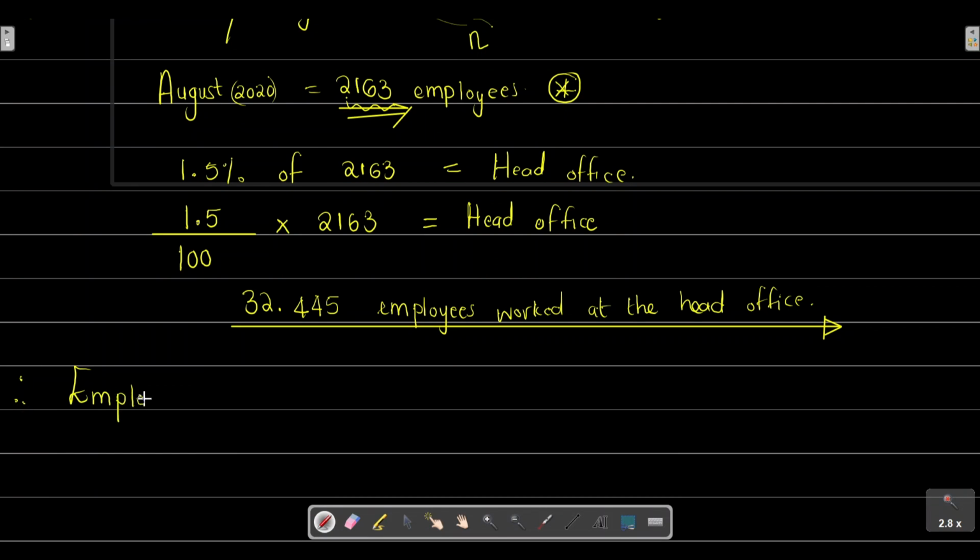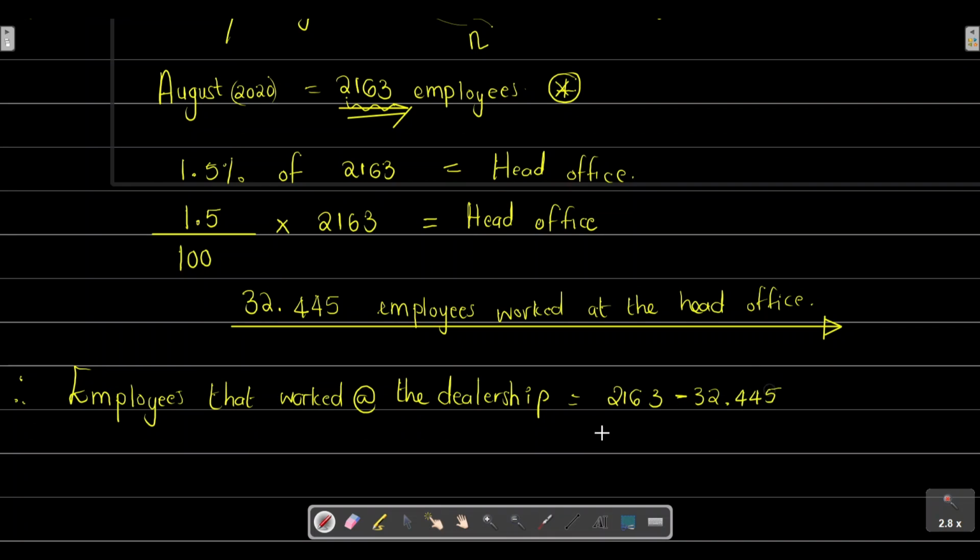Therefore, the employees that worked at the dealerships is equal to 2163 minus 32.445, which gives a total of 2130.555 employees that worked at the dealerships.